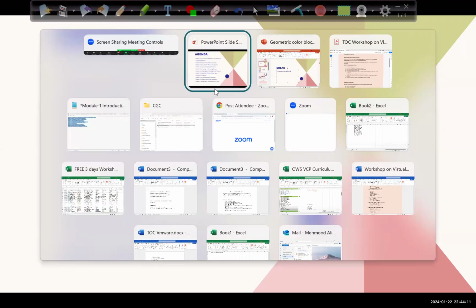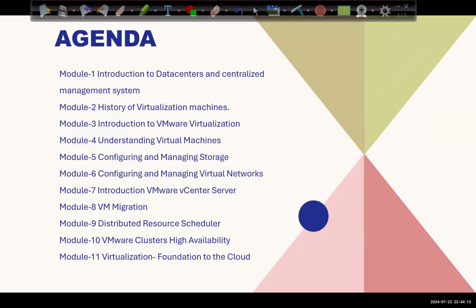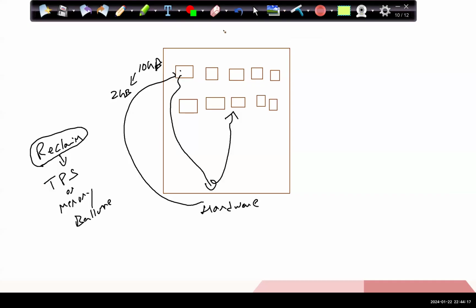Now, the other drawbacks that we had with physical machines was that management was very, very complicated. For example, if I want 100 physical machines, imagine the size of the building I need.